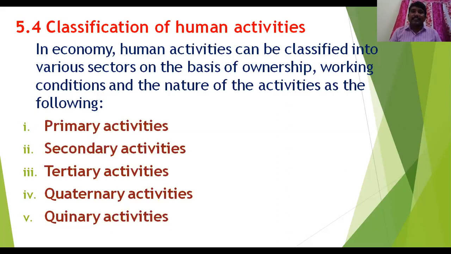And the second is secondary activities. The secondary activities pertain to adding value to already existing products by changing their form via processing, etc., or adding value to the products which are obtained from nature directly. That means changing the shape and value of the primary products is called secondary activities.